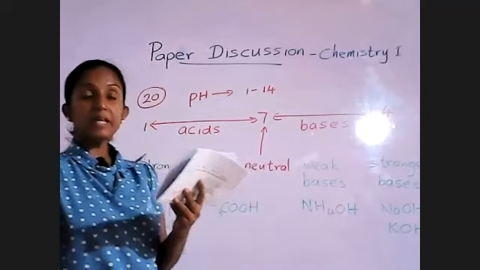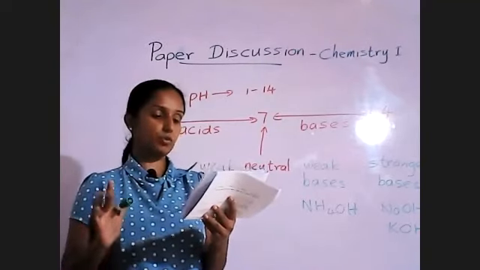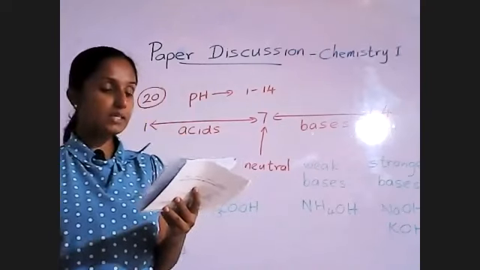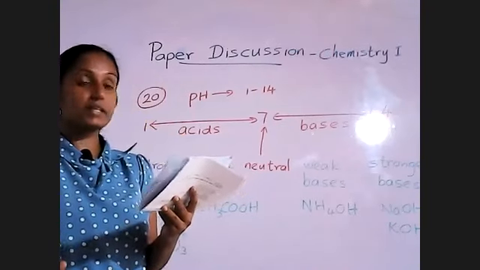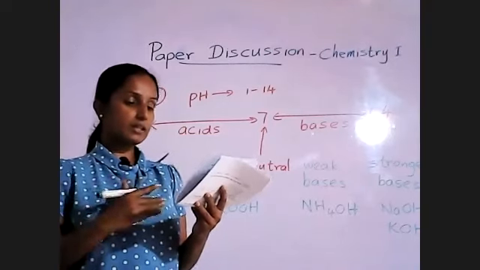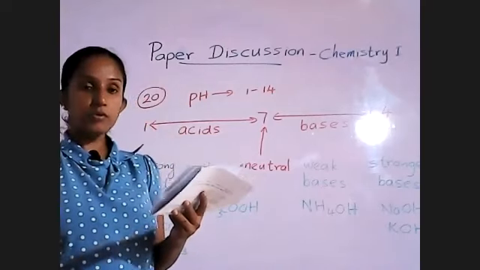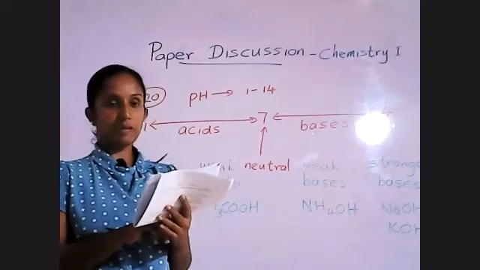So it is completely ionized in the aqueous solution. There are no HCl molecules in the solution. So we can cut the first, the third, and the fourth, and then at once we can get the answer. It should be the second one.